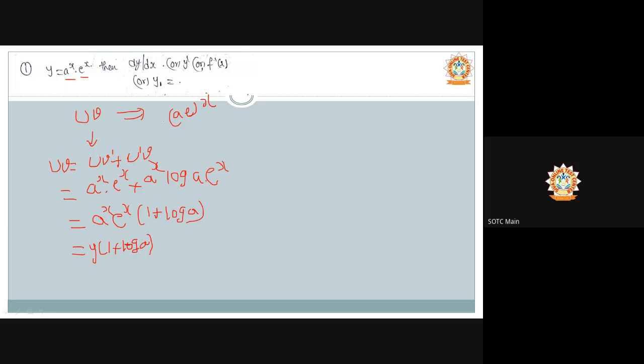Now try to solve this question in another way as well. A power x, make it into the form of e power something. What is a power x? Nothing but e power x log a. So this will become a power x, or we can write it as e power x into e power x log a, where log a can be written as log a plus log b, and log b means log e.